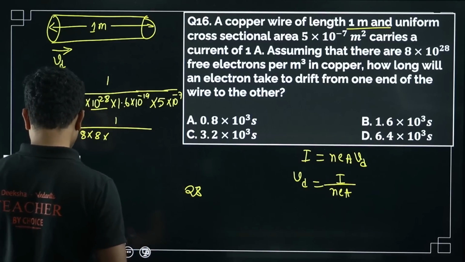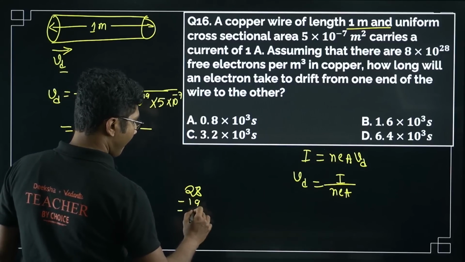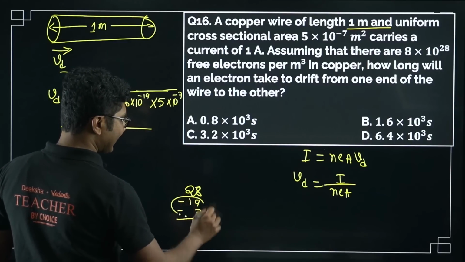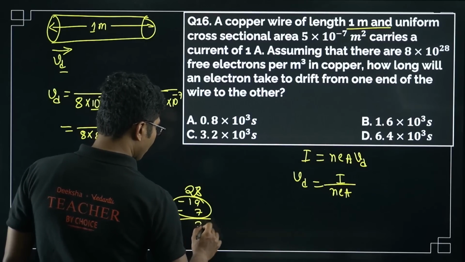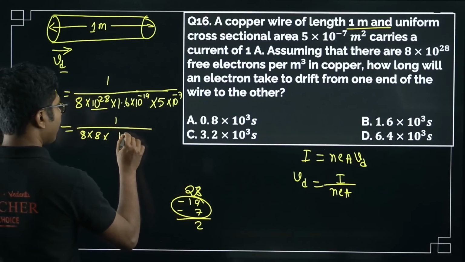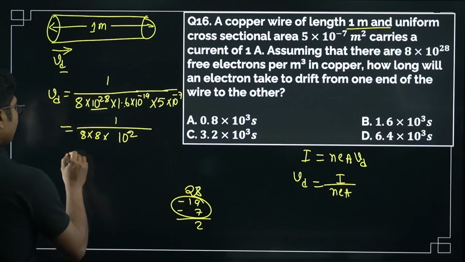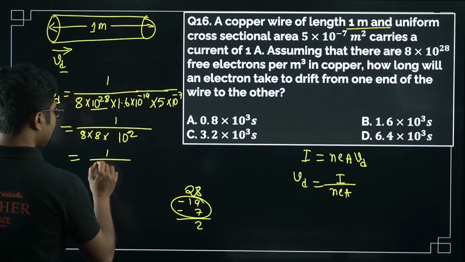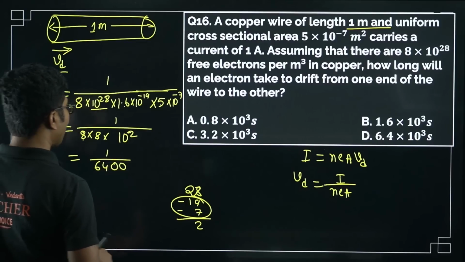So minus 19 minus 7 is minus 26, plus 28, so it will be 2. So it will be 10 to the power of plus 2. So it will be 1 by 8 into 8 is 64, so 1 by 6400 meter per second.